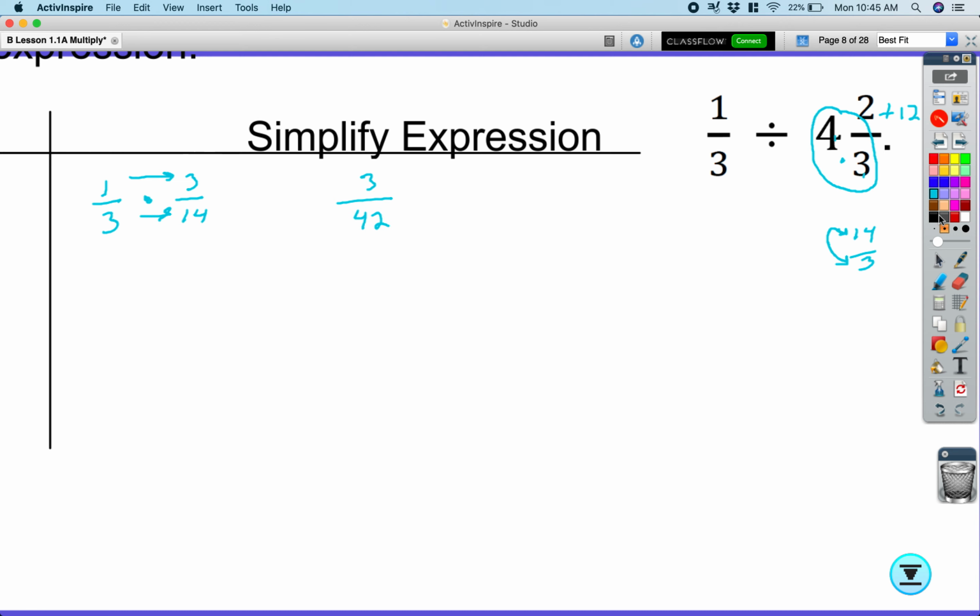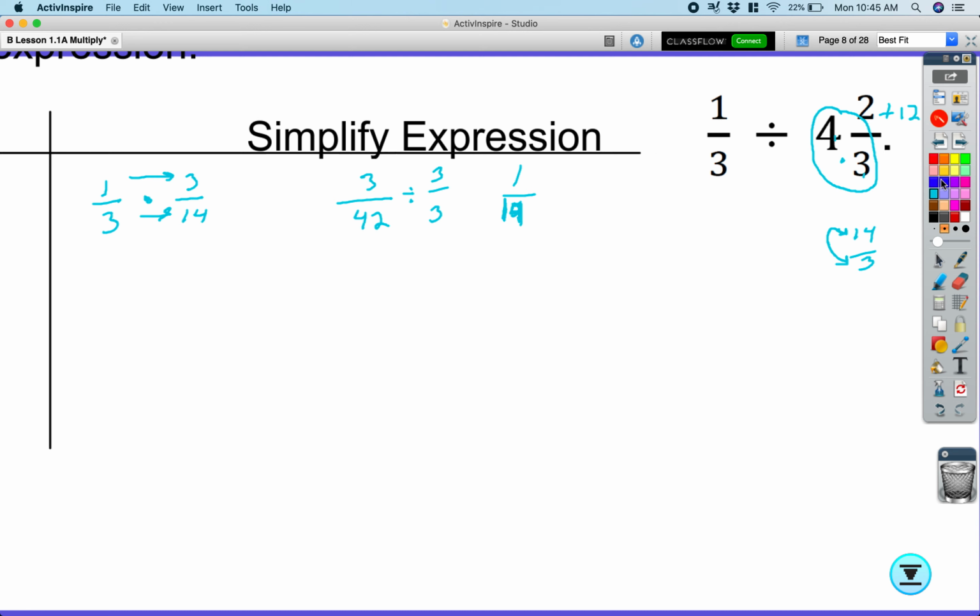And some of us might think, oh, am I done? Well, no, since I didn't cross simplify first, I would then simplify here. You could use a calculator, but you would know that 3 divided by 3 is 1, and 42 divided by 3 is 12, 13? I think it's 13. Nope, it's 14.